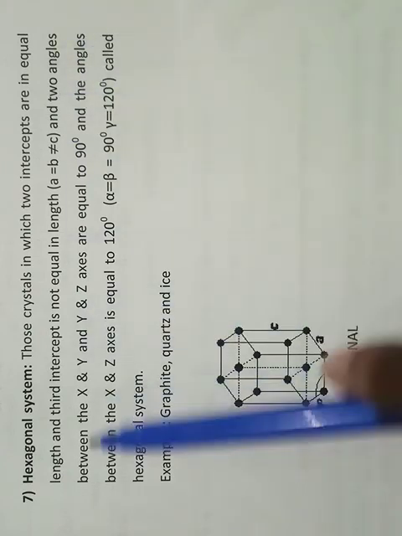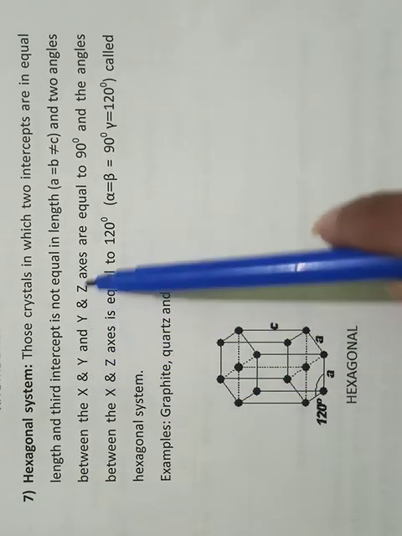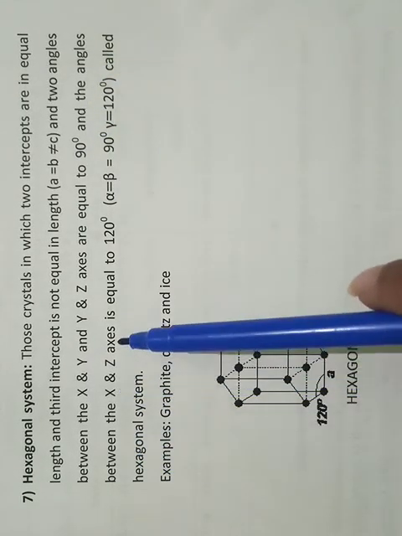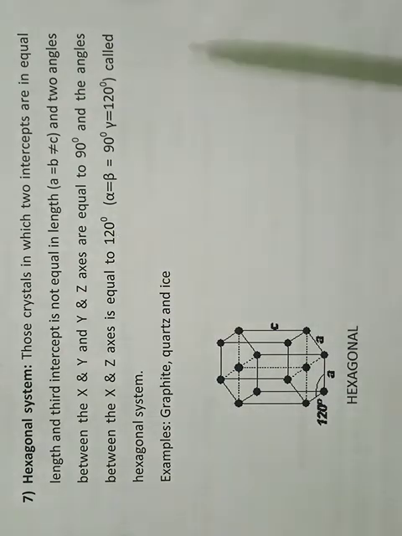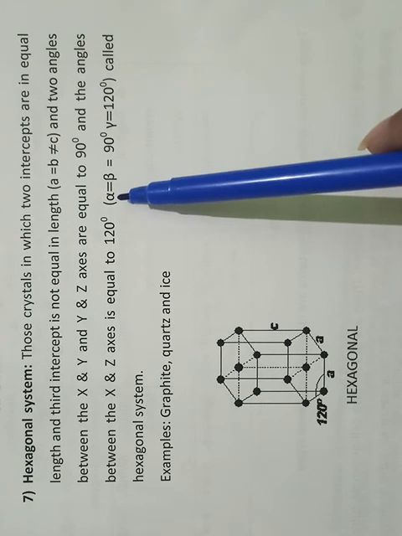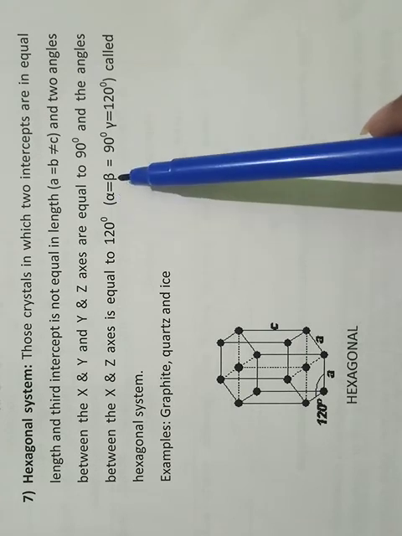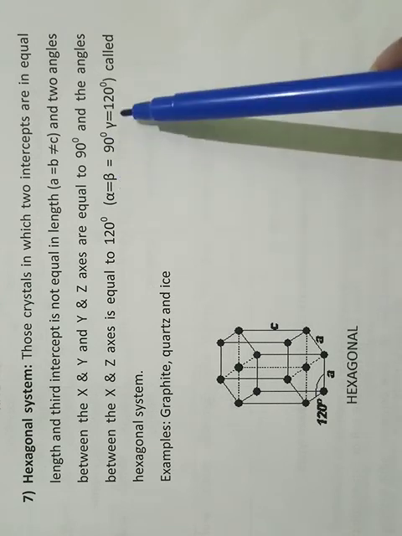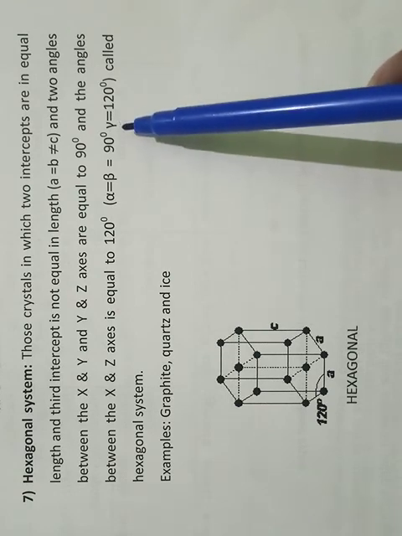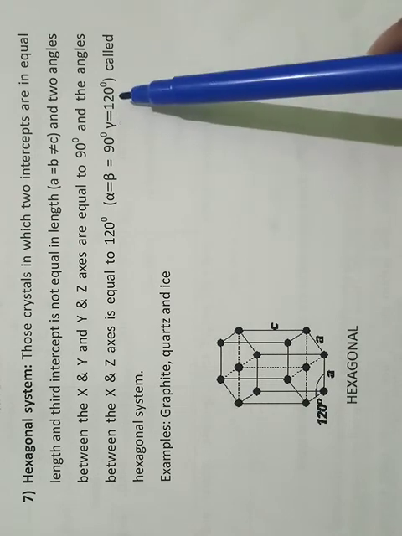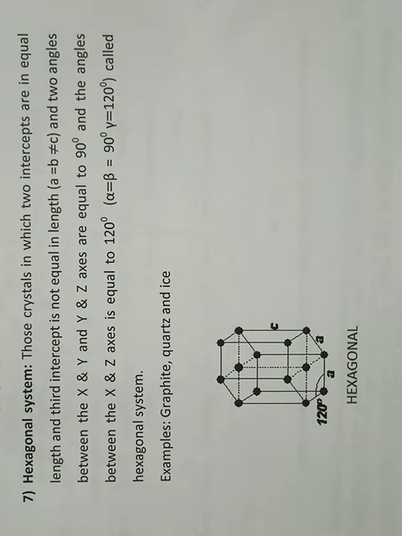The angle between the X and Y axes, alpha, and the angle between the Y and Z axes, beta, are equal to 90 degrees, and the angle between the X and Z axes, gamma, is equal to 120 degrees. Such systems are called the hexagonal systems.